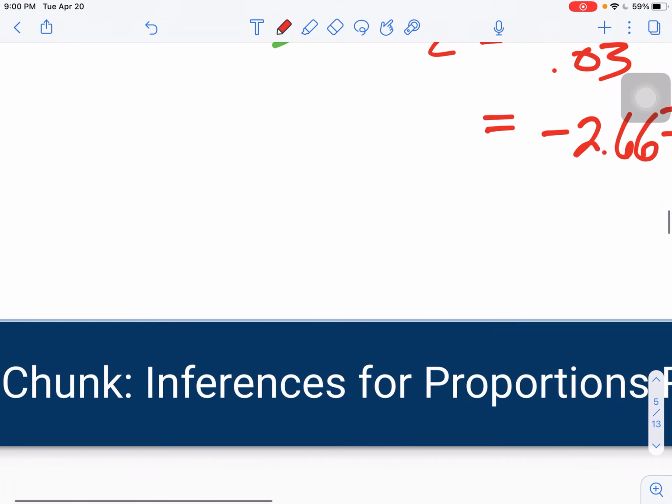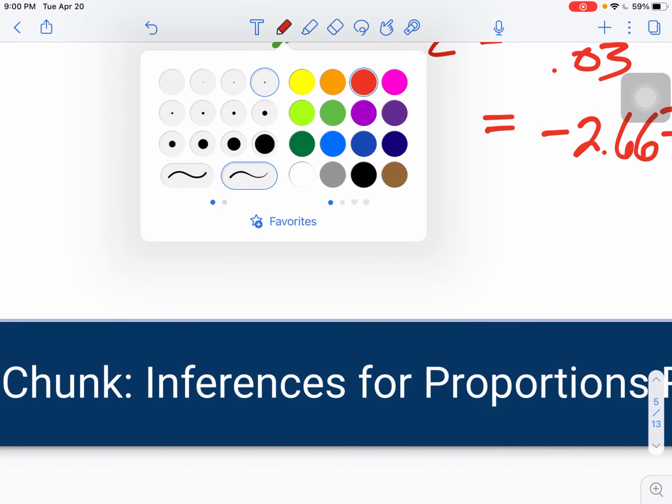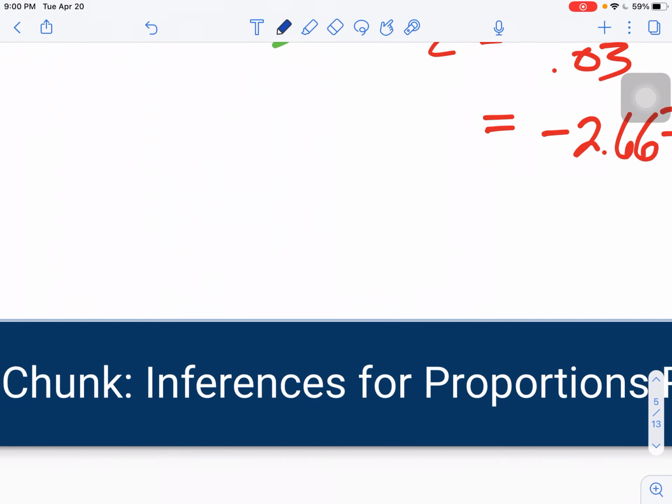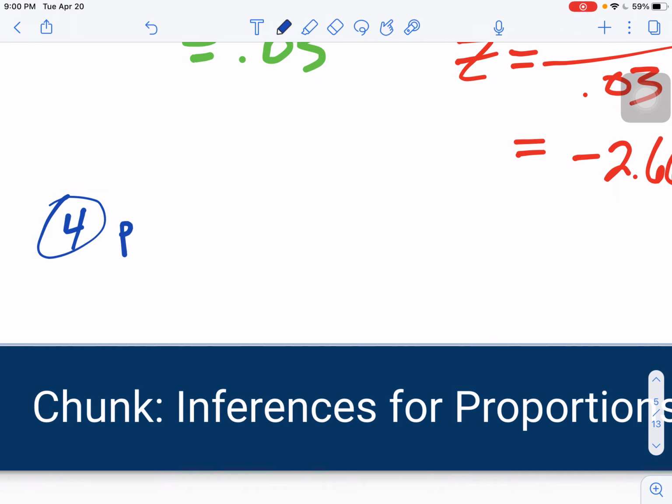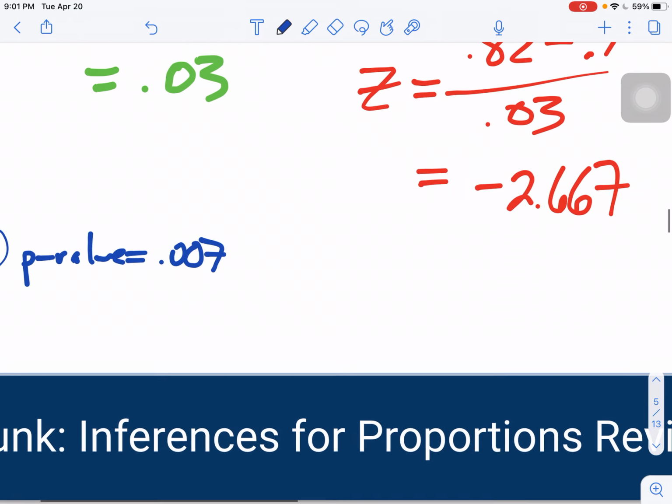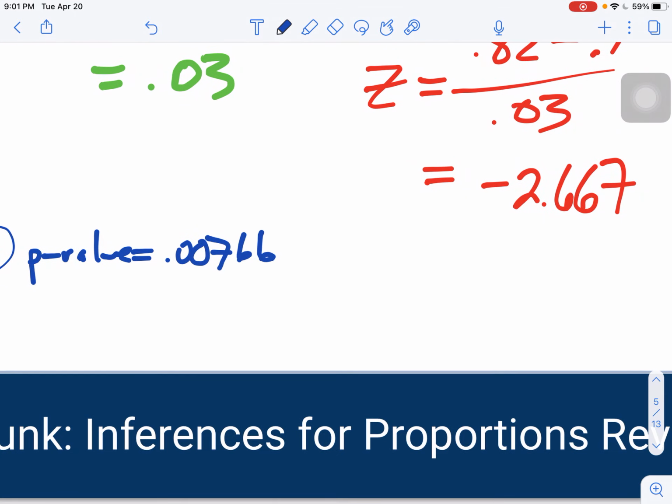All right, so now what I'm going to do is wrap this up in step 4. It's going to be a little smaller here, but all right, so we're going to do step 4. So now in step 4, I'm going to compare that p-value I just calculated, 0.00766, to my alpha value of 0.05.